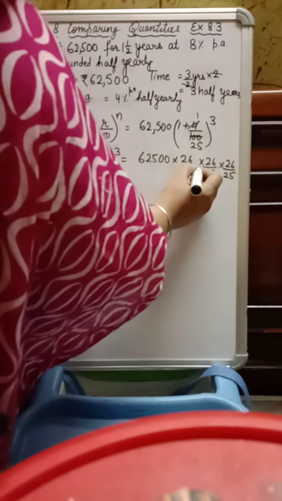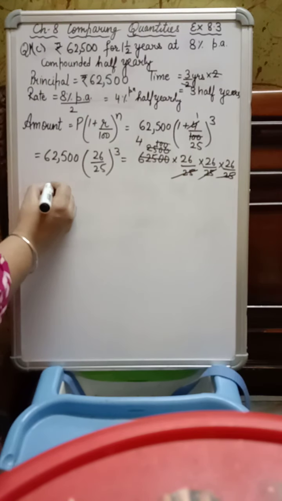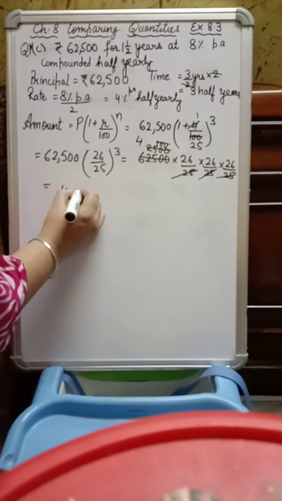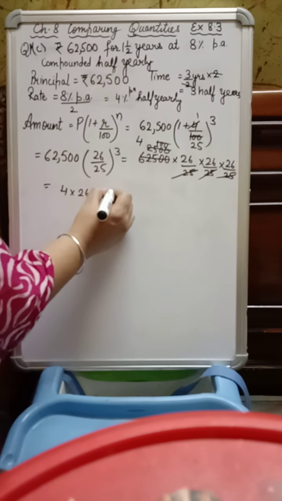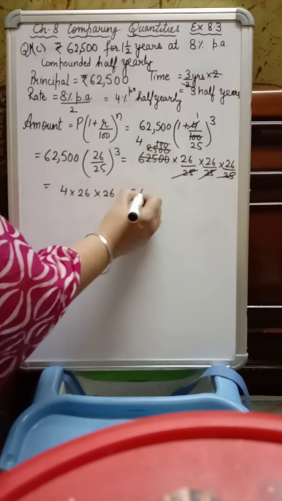This is 62,500 into 26 by 25 into 26 by 25 into 26 by 25. Now we know 25 25s are 625, so this is 4 into 26 into 26 into 26.